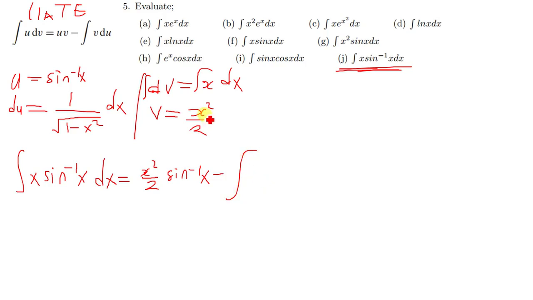Since there is this 2, I can write it outside as 1 over 2, and then I'm going to have x squared being multiplied by my du there, which will give me 1 over the root of 1 minus x squared dx.